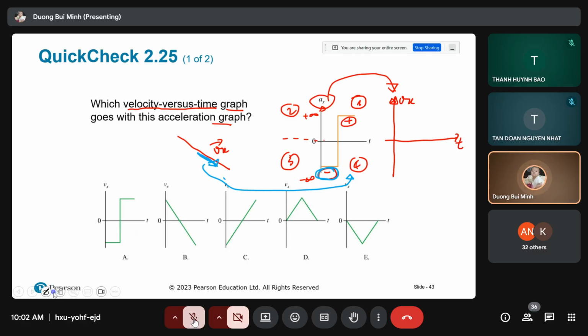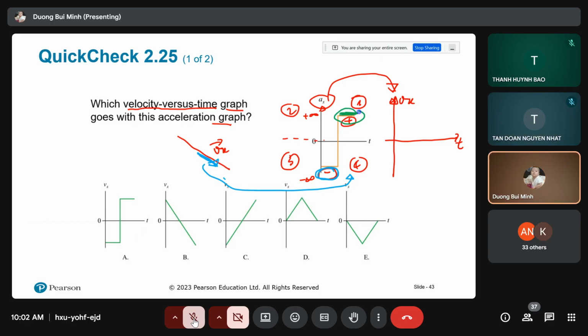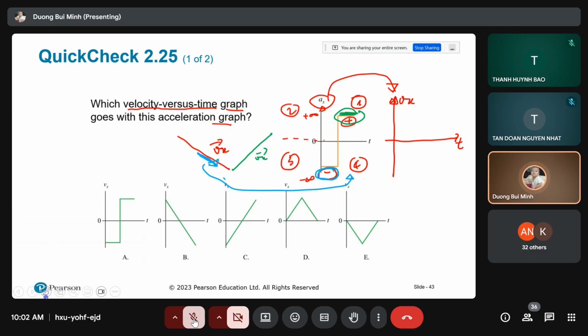Now look here. Ax is constant and positive. Positive means the first quadrant. So Vx must be like this, because if Vx is like this, we have the slope like this.